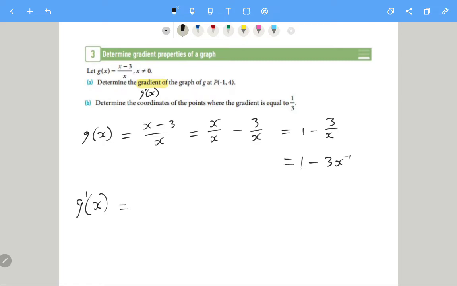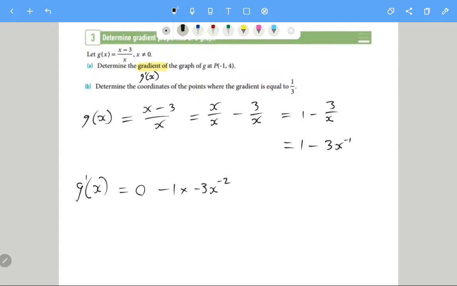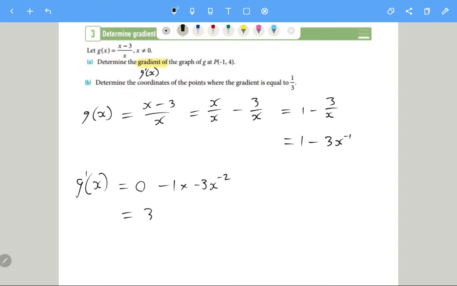The derivative of 1 is nothing. The derivative of minus 3x to the minus 1 is minus 1 times minus 3x to the minus 2. Minus 1 minus 1 is minus 2. Simplify this, we get positive 3x to the minus 2, or 3 on x squared.